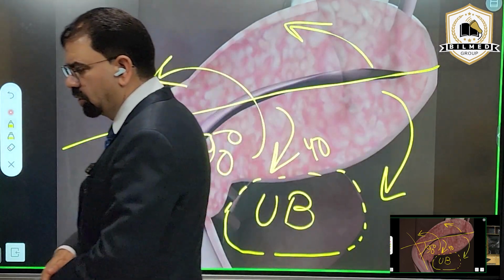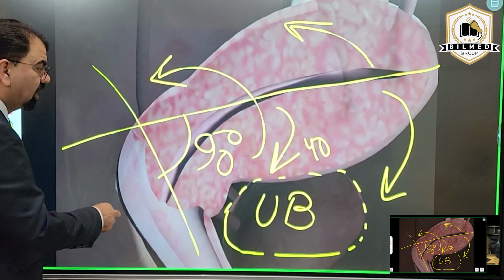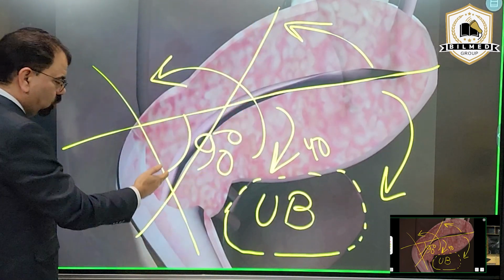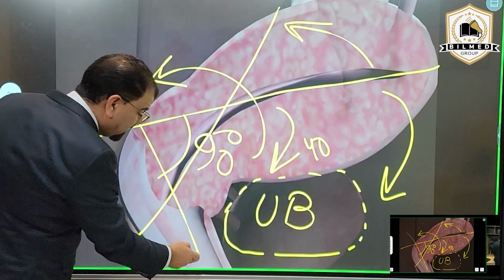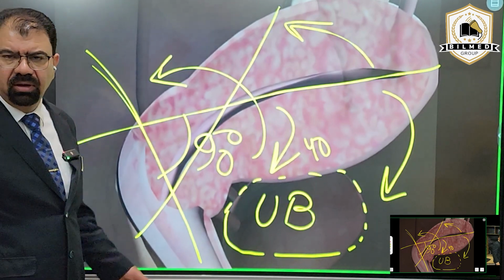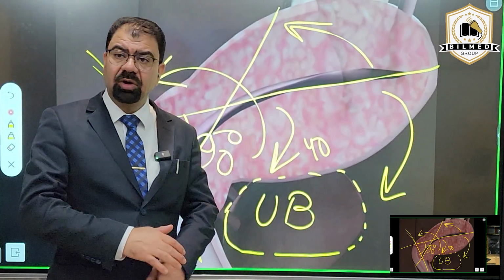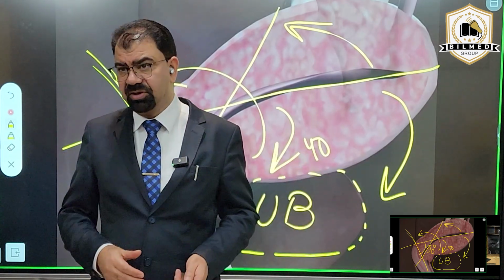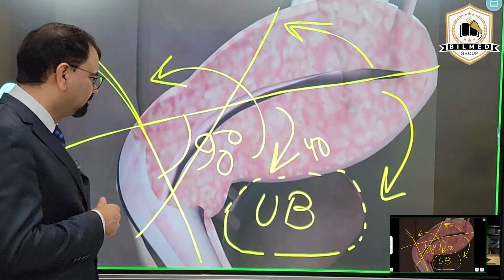You can add a third line also, which passes through the cervix, and the previous one passing through the vaginal axis. This way you can make out whether it is anteverted, anteflexed, retroverted, or retroflexed.